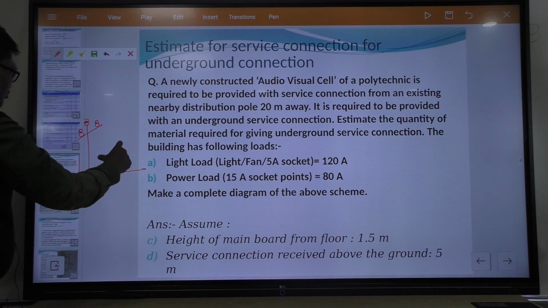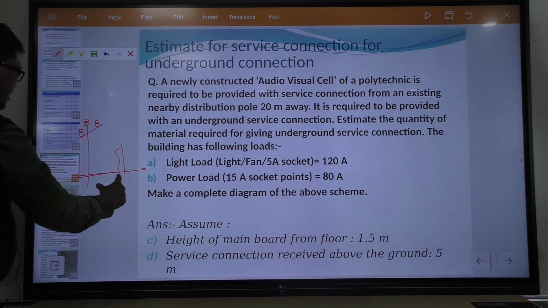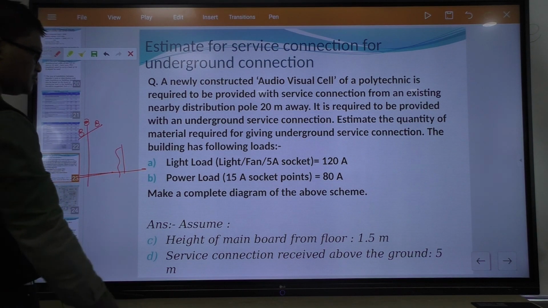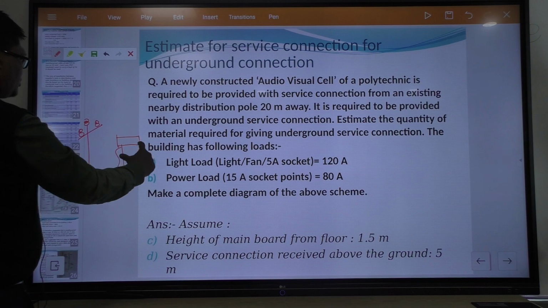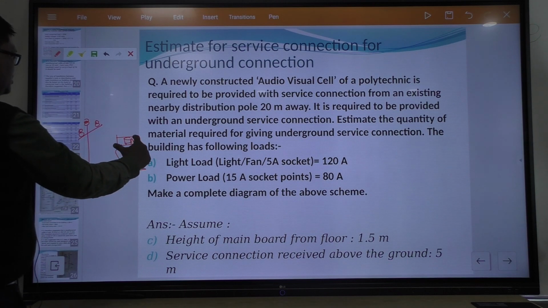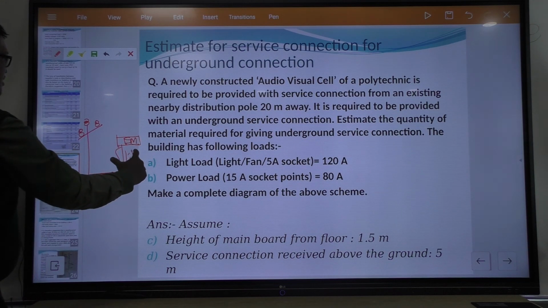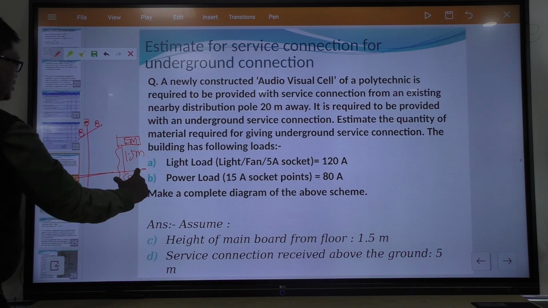Suppose this is the pole, this is the height of the location for energy meter, that is 1.5 meter from ground level.